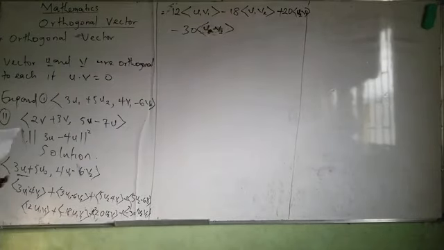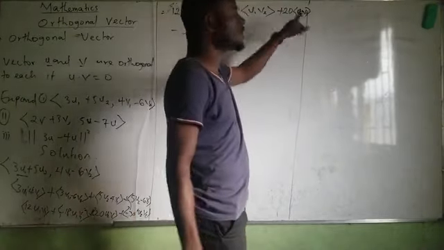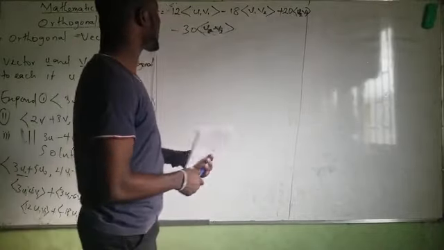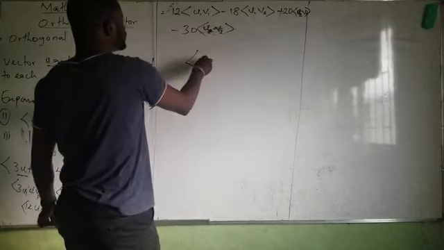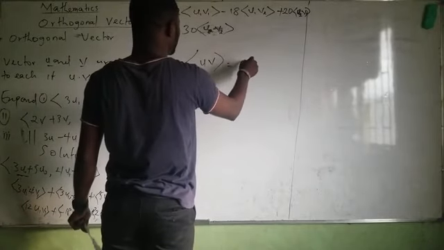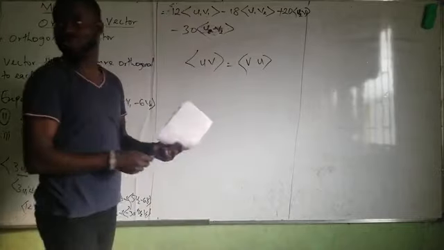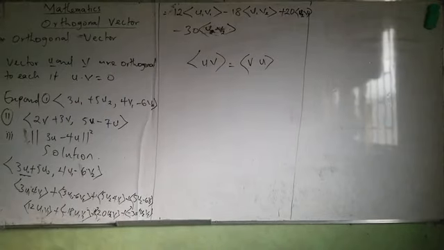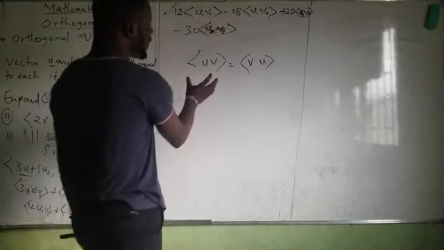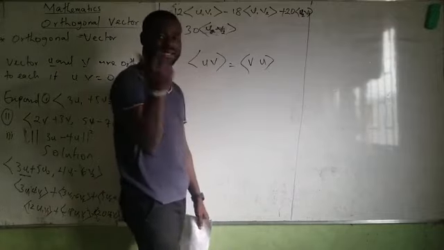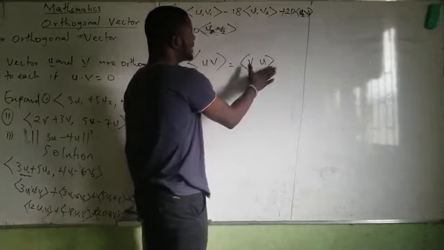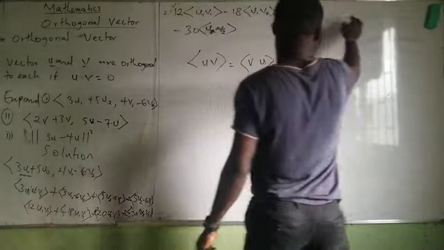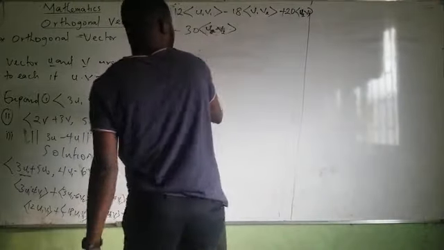Now can you see what I'm talking about? This one and this one, since the symmetry property holds, what I said about the symmetry property, that when you have u v can also be equals to v u. Since that holds, it was clearly stated in the last video that this is equals to this. Since that is the case, it means this and this can be together, can be like terms.